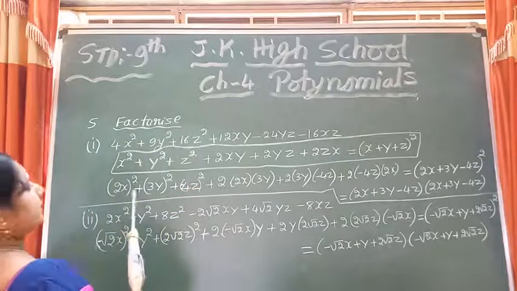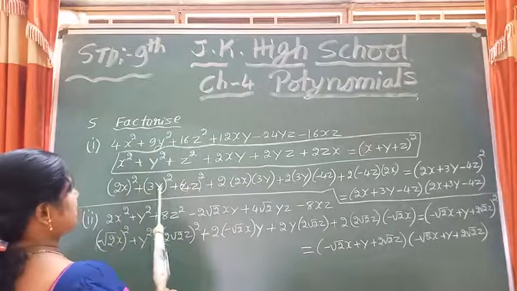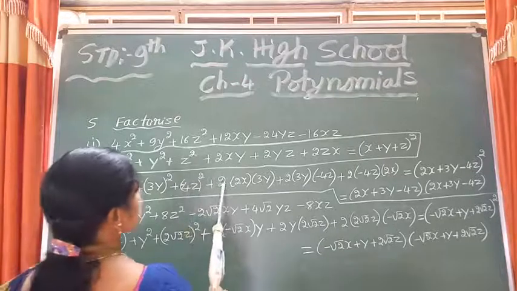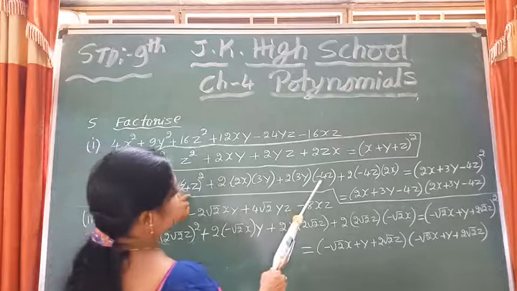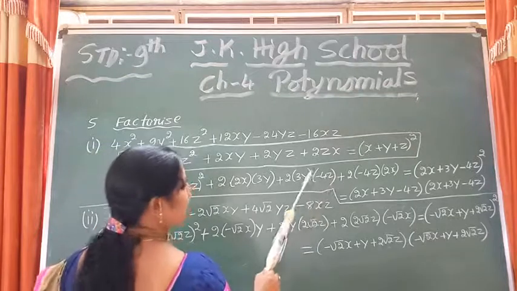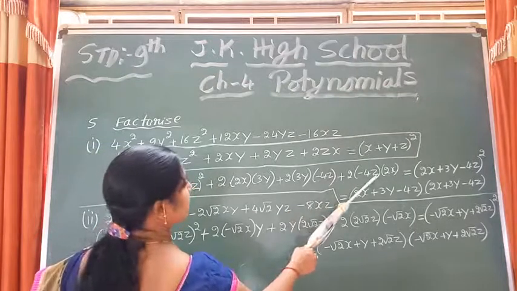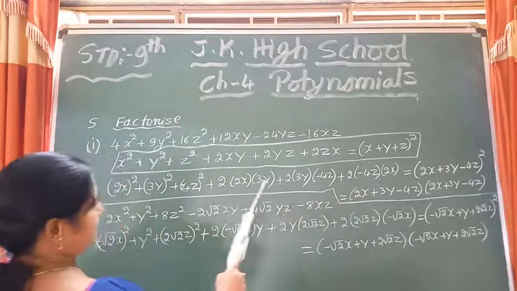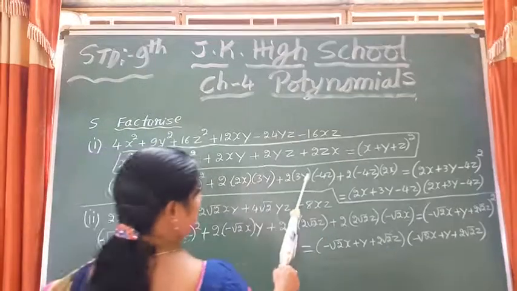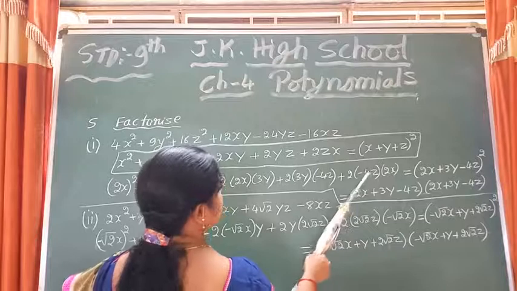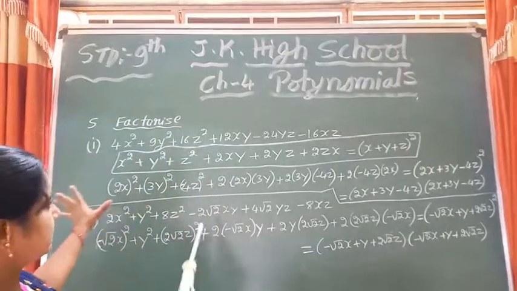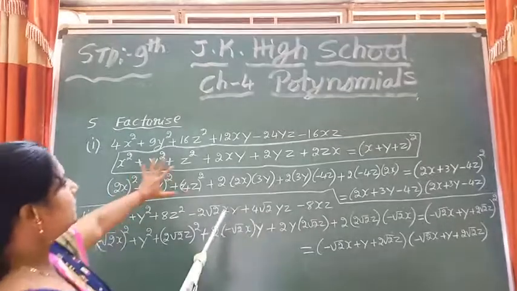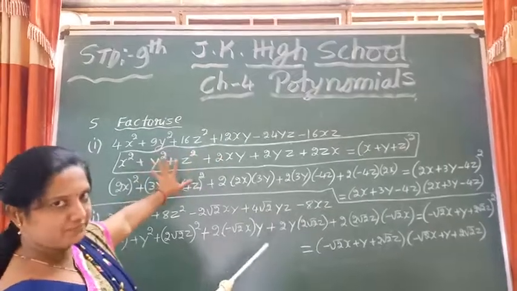Then according to the identity, x square plus y square plus z square plus 2xy, 2yz, 2zx, where x means 2x, y means 3y, z means minus 4z. Substitute the x value, y value, z value and write it. We have written according to the LHS side of this identity.